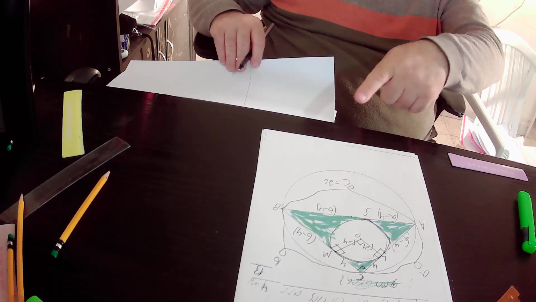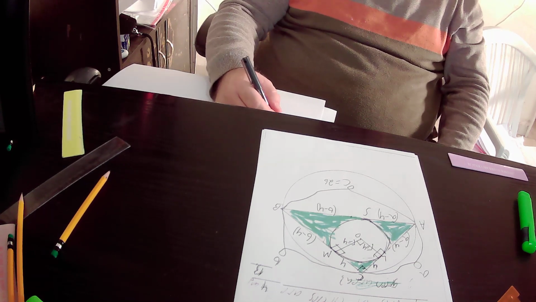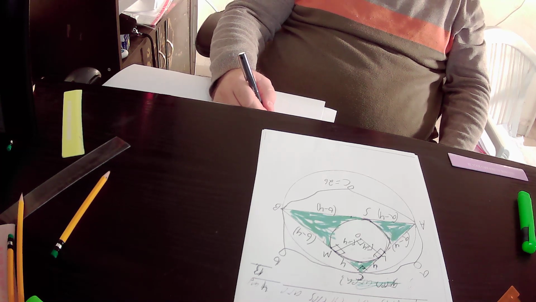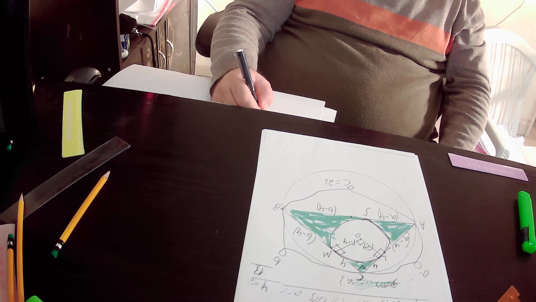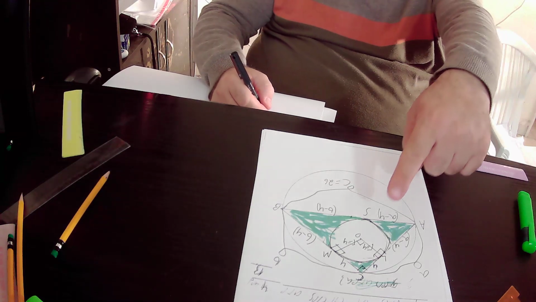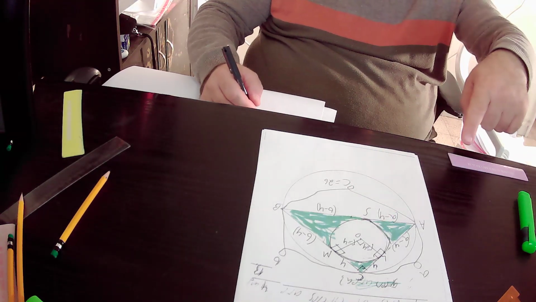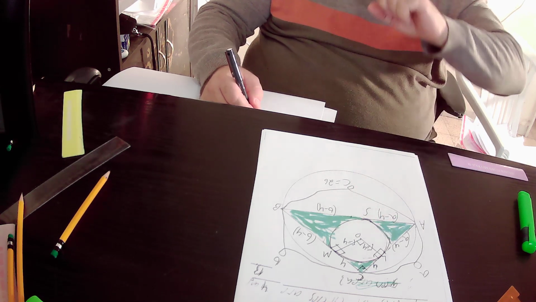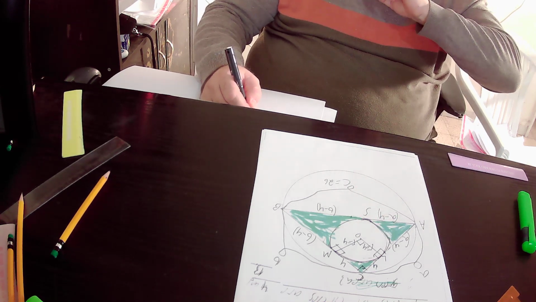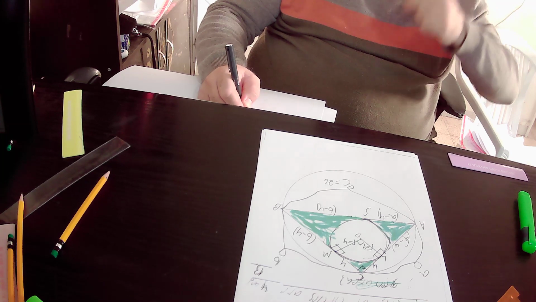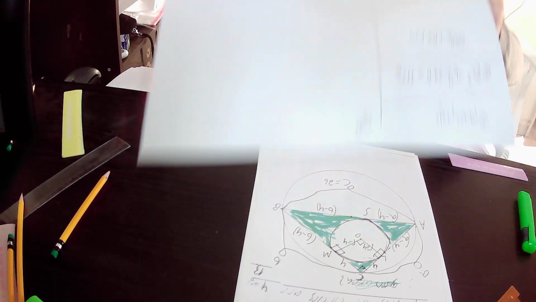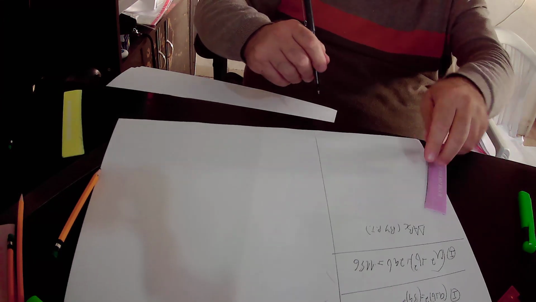In the next step, we will focus on triangle ABC. Triangle ABC is a right triangle because angle ACB equals 90 degrees. So we can apply the Pythagorean theorem on the right triangle ABC. Here PT is the abbreviation for Pythagorean theorem.